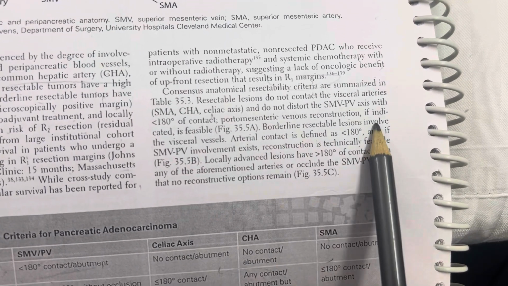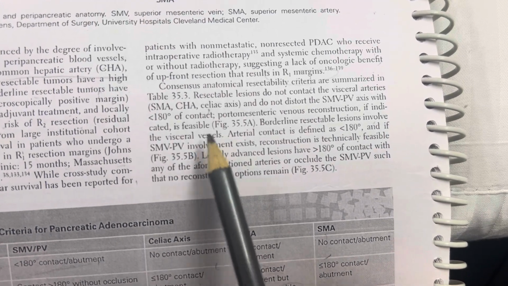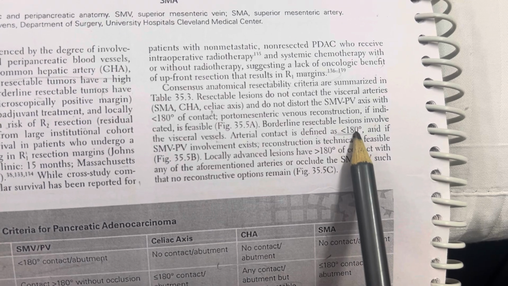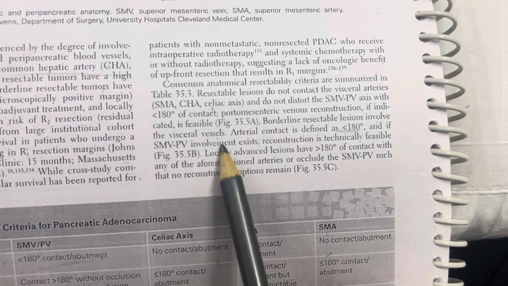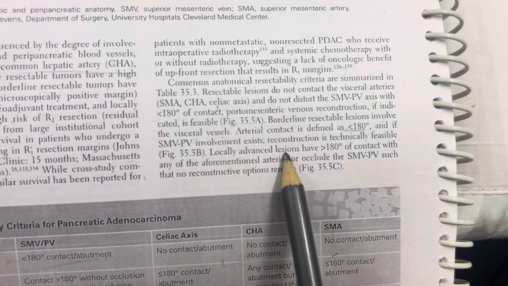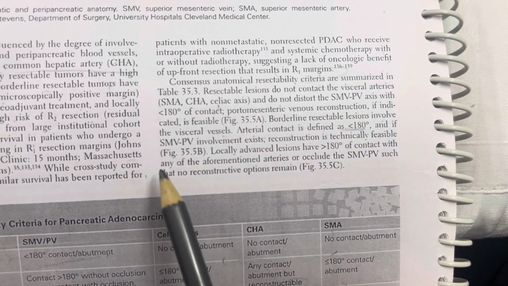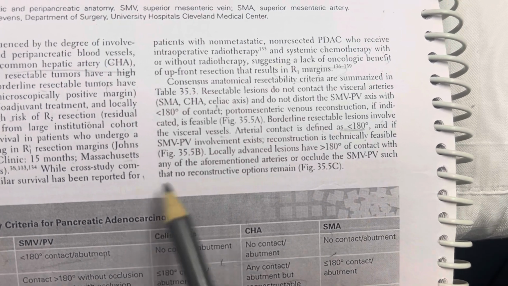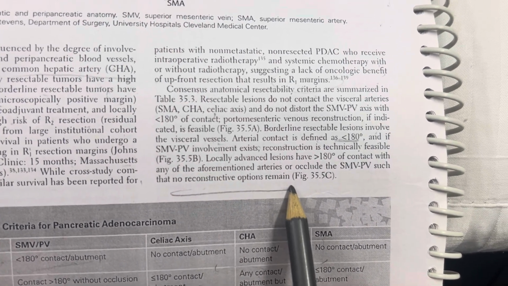Okay, so borderline resectable lesions have visceral vessel arterial contact of less than 180 degree, and if SMV portal vein involvement exists, reconstruction is technically feasible. In locally advanced disease, there is more than 180 degree contact with any of the aforementioned arteries or occluded SMV portal veins, and there are no reconstruction options.